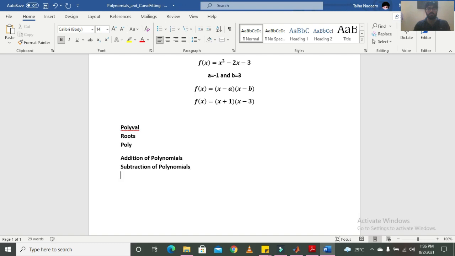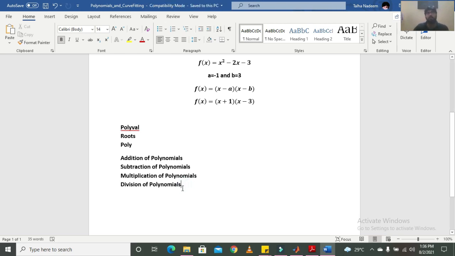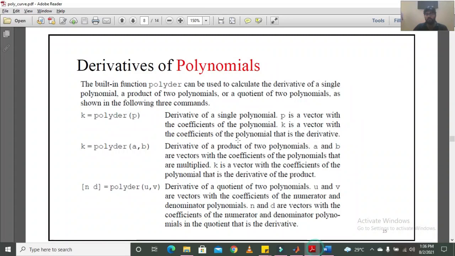We have also studied multiplication of polynomials, and then we have also studied division of polynomials. Now the next topic is basically the derivatives of a polynomial. In order to determine a derivative of a polynomial, we have a single MATLAB function which is polyder.